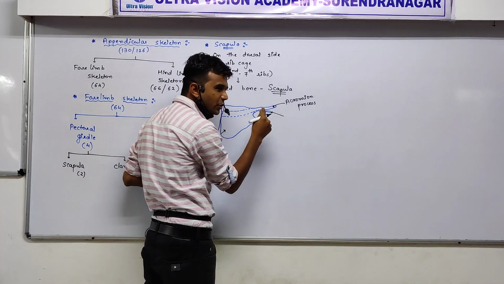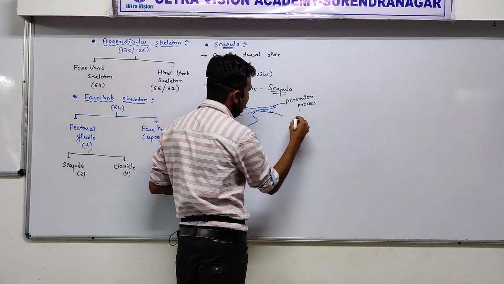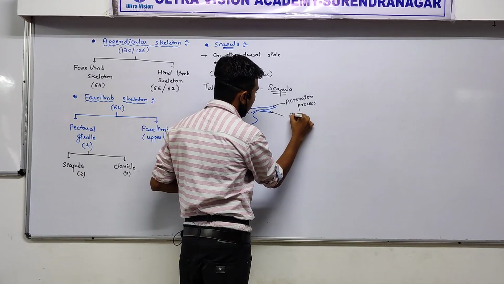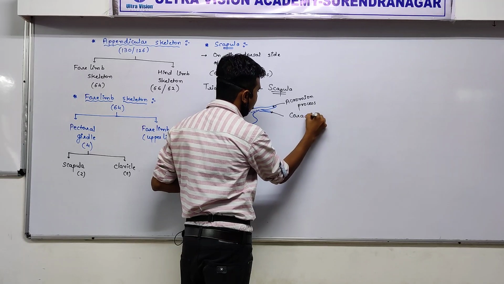And just below that a very small projection is there, known as the coracoid process.